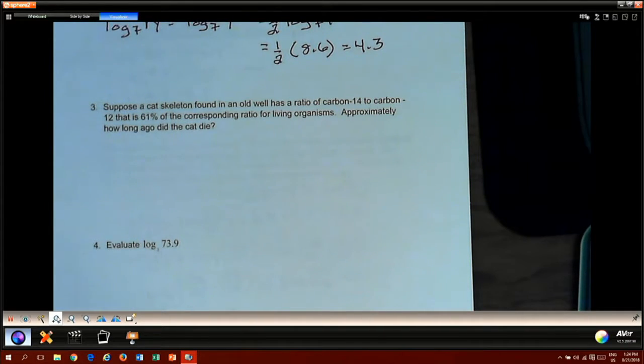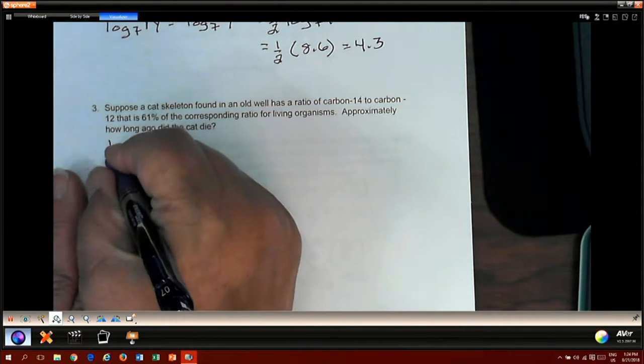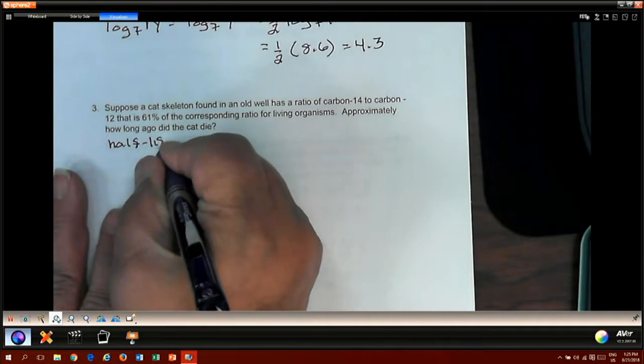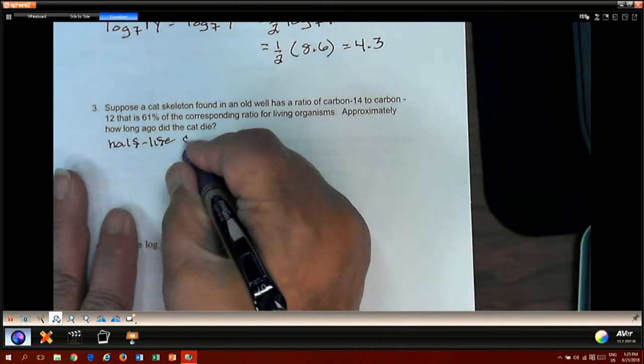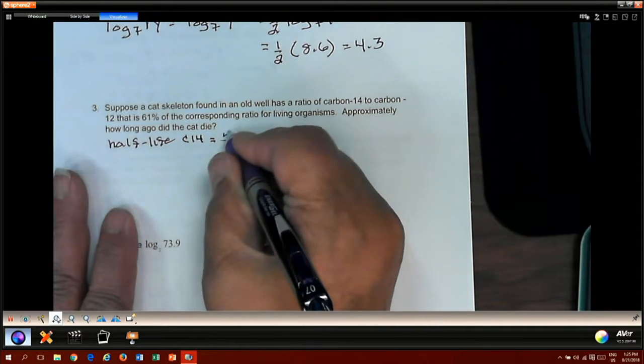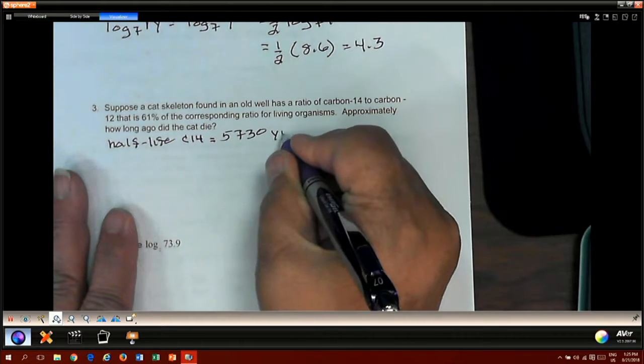There's a table in the textbook that tells you what the half-life is, because the half-life is what we're concerned with. And the half-life for carbon-14 is 5,730 years.